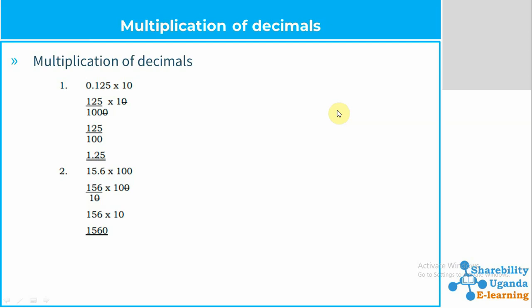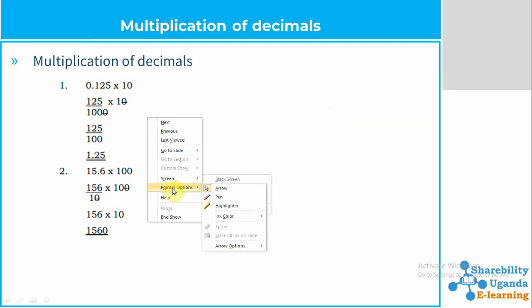When you have this multiplication of decimals, how do we handle them and how do we solve them? Look here, we have the number 0.125 times 10. You can use a couple of methods to get to the answer.